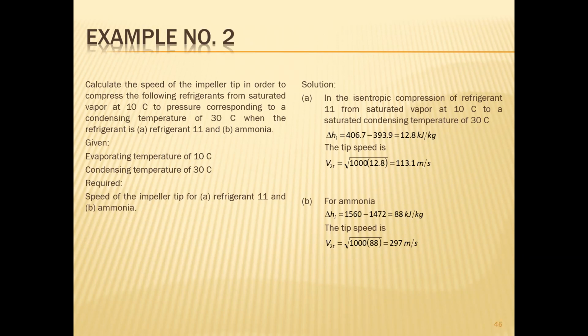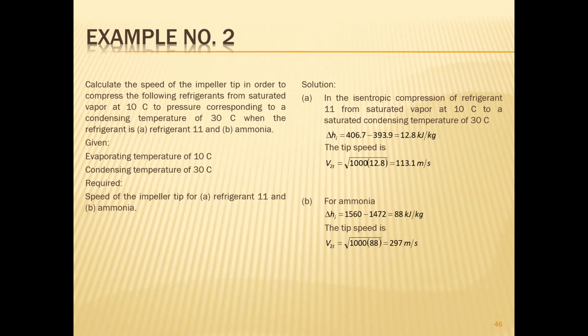So given evaporating temperature of 10C, condensing temperature of 30C, required speed of the impeller tip for A, refrigerant 11, and B, ammonia. So solution, A, in the isentropic compression of refrigerant 11 from saturated vapor at 10C to a saturated condensing temperature of 30C, we have delta hs is equal to 406.7 minus 393.9 or 12.8.